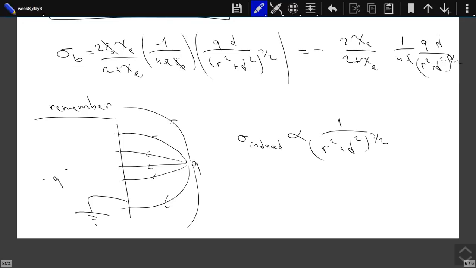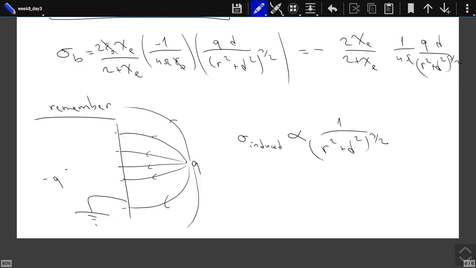So the dependence of the charge density in this problem on the position is exactly the same, which kind of indicates that we can also use the method of images in this problem. So that is our method, using the method of images.